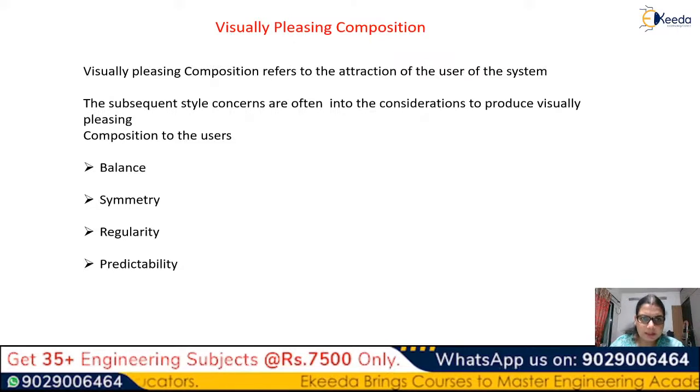Visually pleasing components. Now visually pleasing components refers to the attraction of the user of the system. So style concerns are often taken into consideration to produce visually pleasing screens. My first is balance. Create screen balance by providing equal weights to the screen parts from left and right, top and bottom.